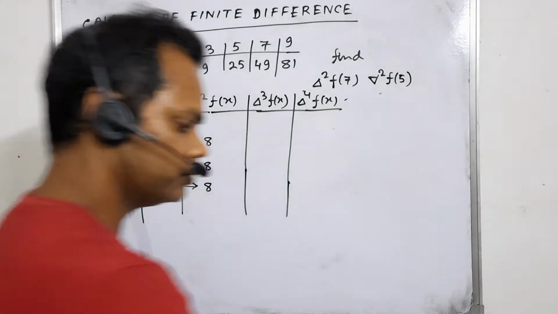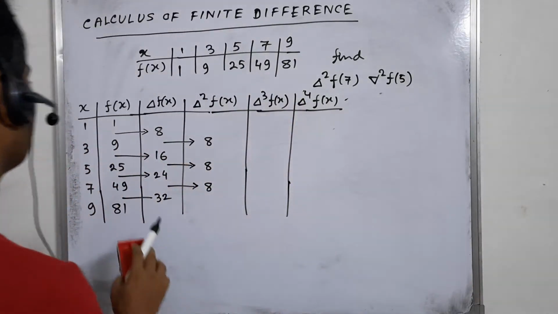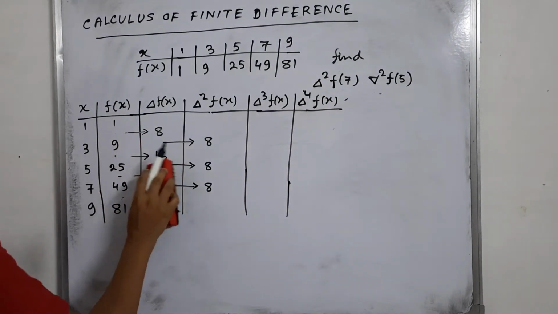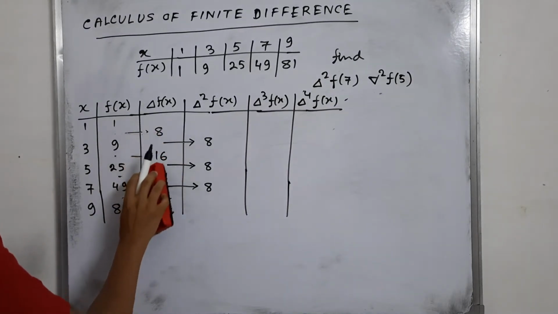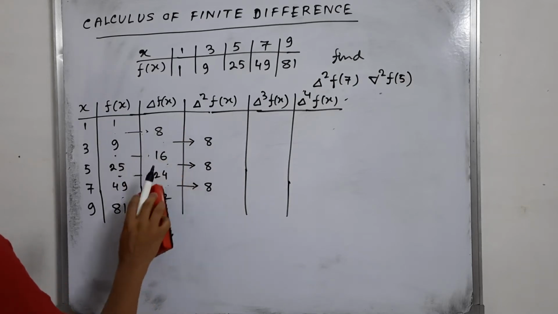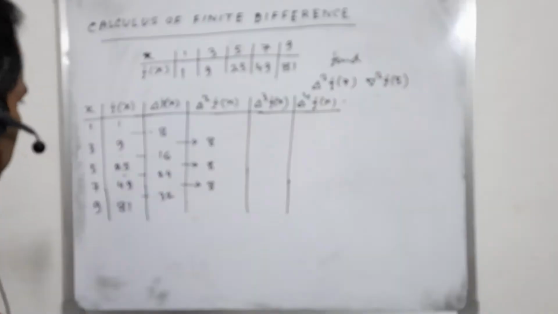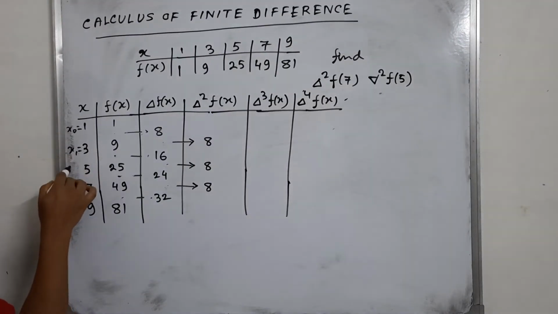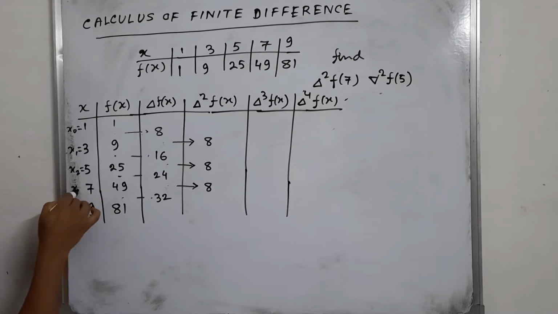Now see that this one is x naught, this one is x1, x2, x3, and this one is x4.